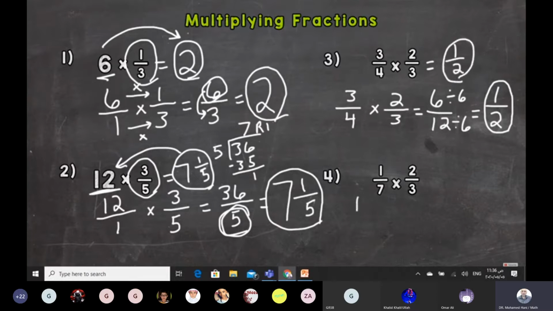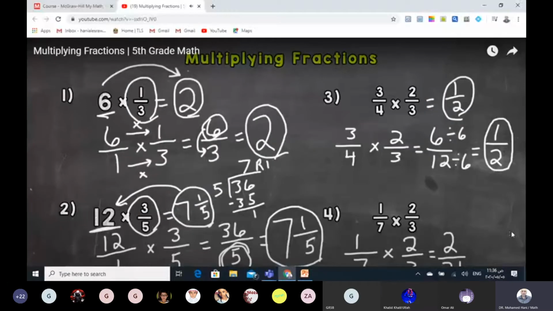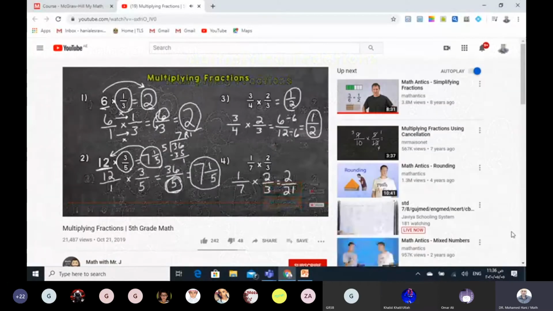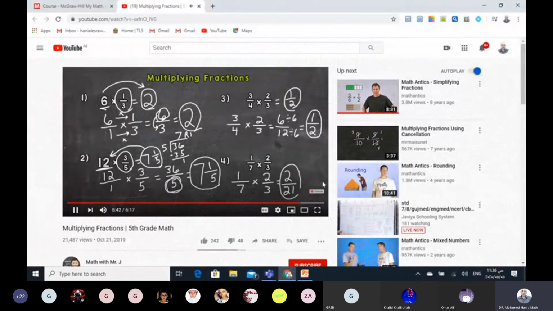All right, number 4, we have 1/7 times 2/3. Straight across, 1 times 2 is 2, and 7 times 3, 21. So we get 2/21. Now the only common factor between 2 and 21 is 1. So we are simplified here.